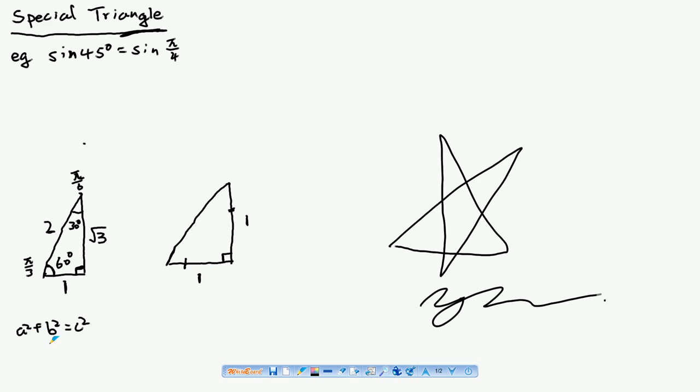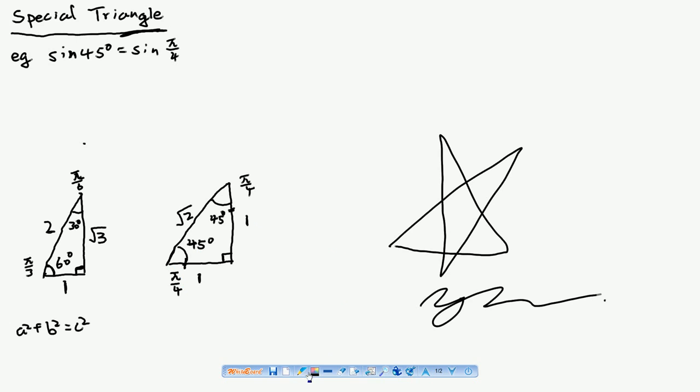Use the Pythagoras theorem: the hypotenuse is square root of 2. The angle in here is 45 degrees, which is pi on 4. The other angle is the same, 45 degrees, or pi on 4 in radians.